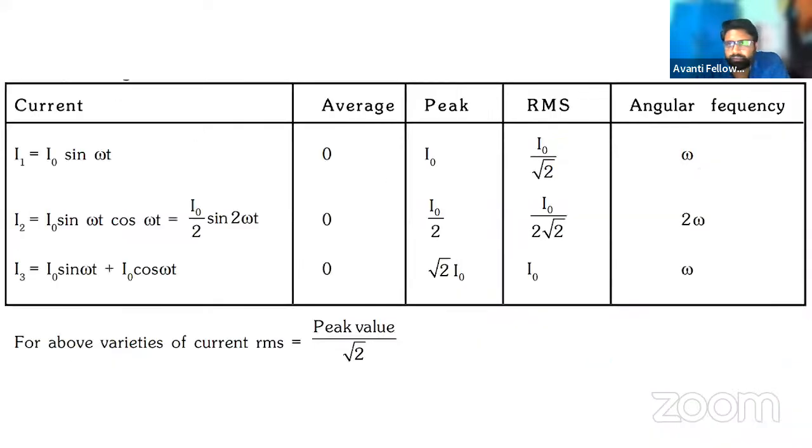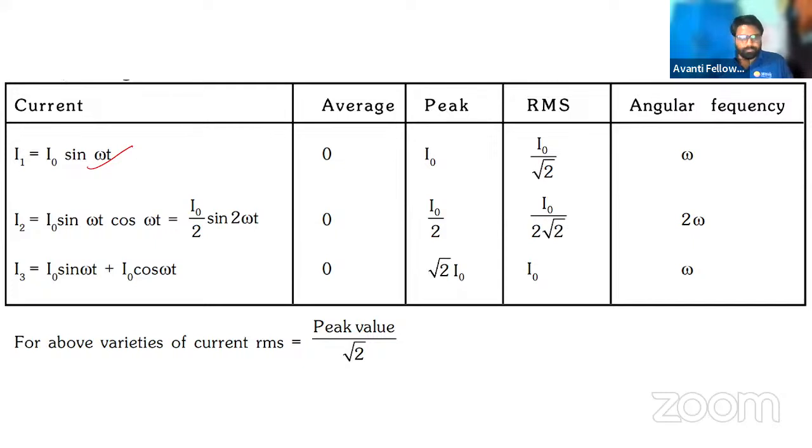हाँ. So in the previous session, what we have seen, this is a revision type of thing. When current has a value of I naught sine omega t, we know that this sine omega t is a periodic function which changes its value with the time period.